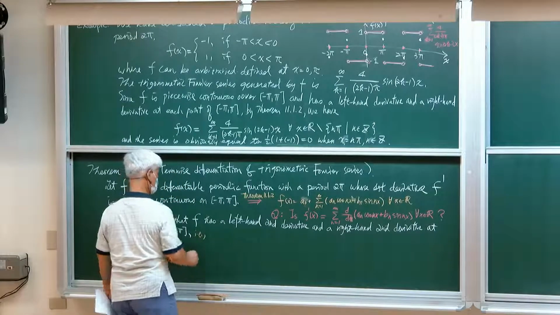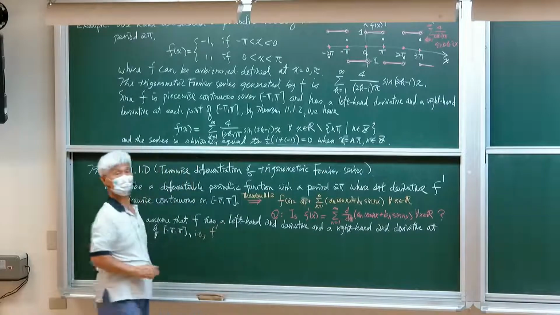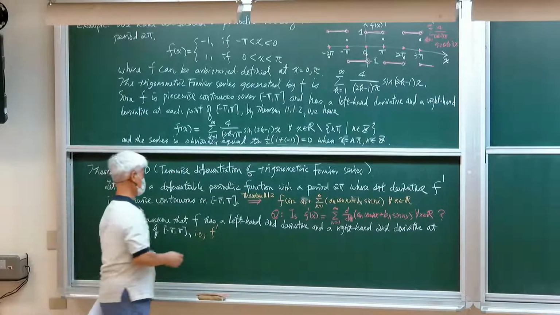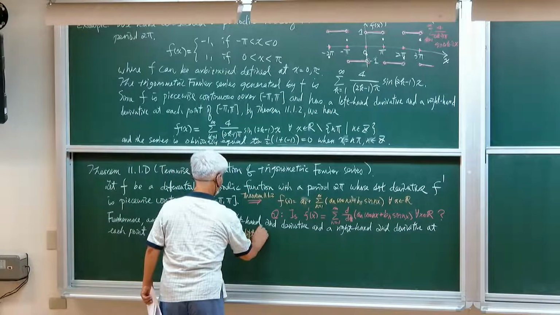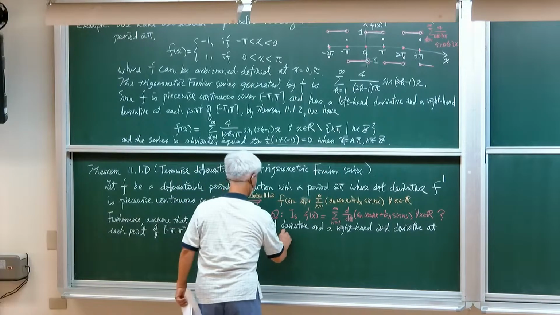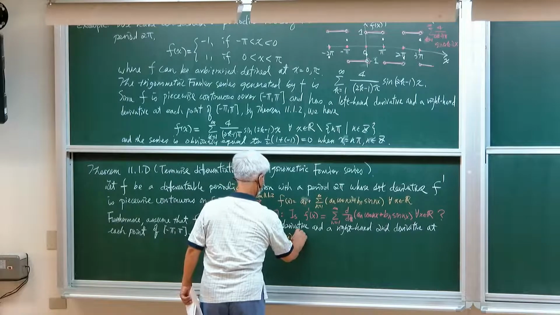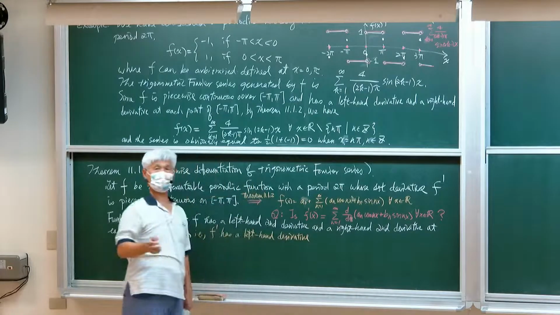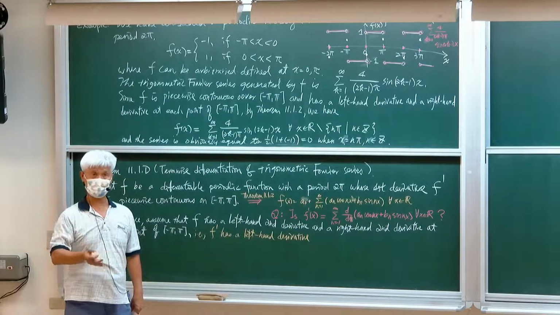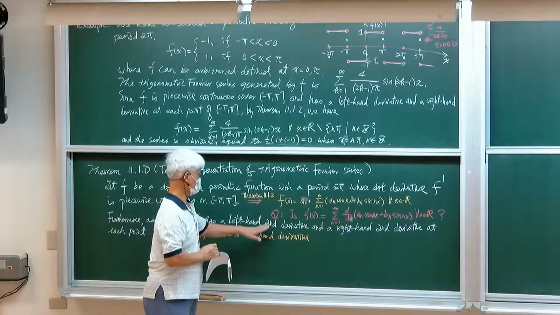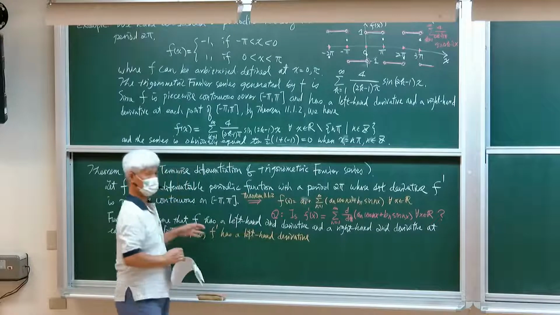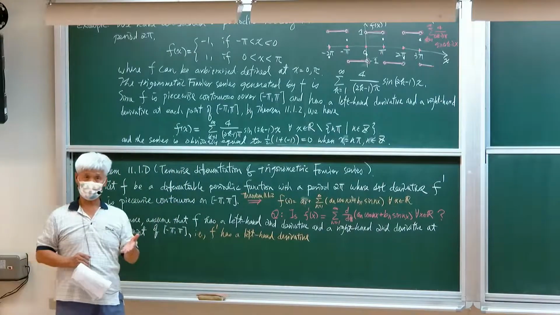That is, let me say that f prime, the first derivative, has a left-hand derivative. Because the second derivative of f is just the derivative of the first derivative of f.